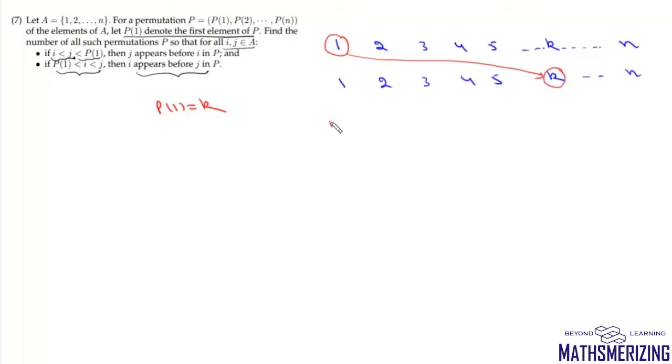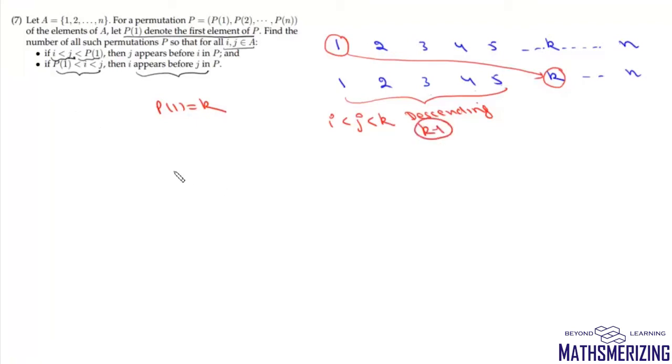Now the condition says if i is less than j and it is less than k, so that means for all the numbers which are less than k, which in this case is 1, 2, 3, 4, 5 up to k minus 1, j should appear before i in P. That means all these numbers, their order must be descending. That is, 5 must come before 4, 4 must come before 3, 3 must come before 2. So that's how we have to arrange these k minus 1 numbers.